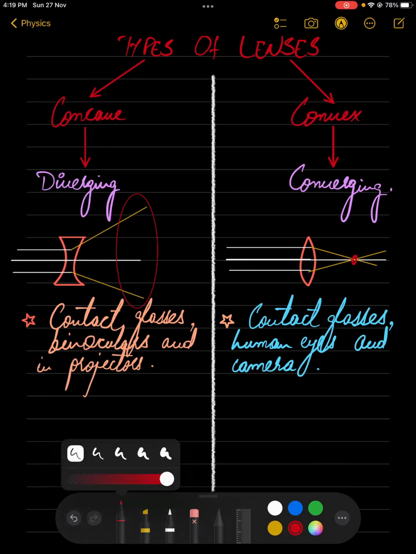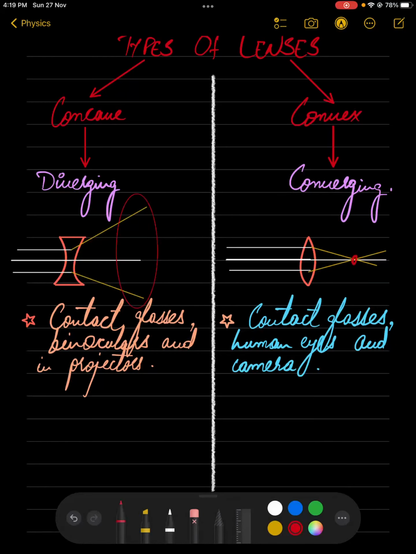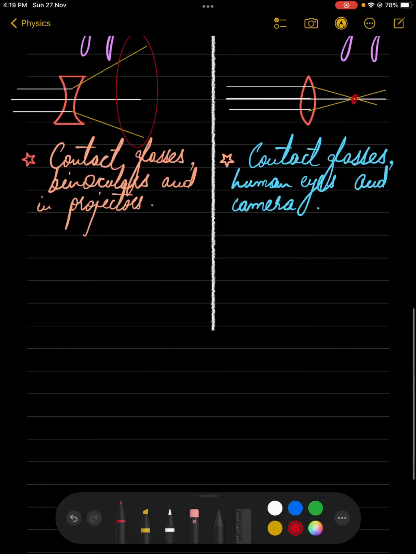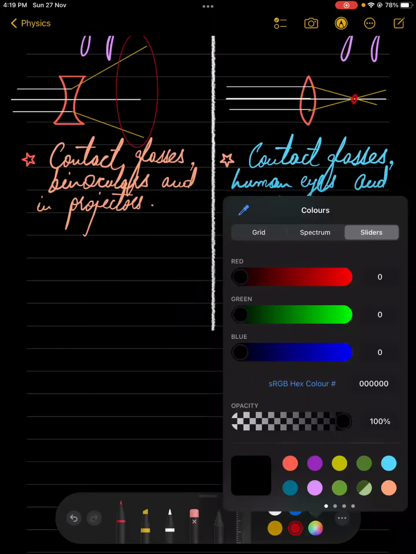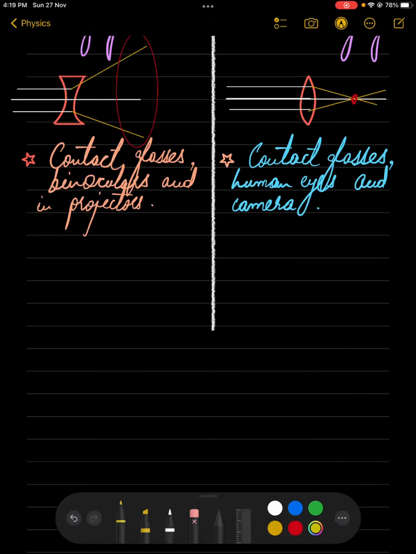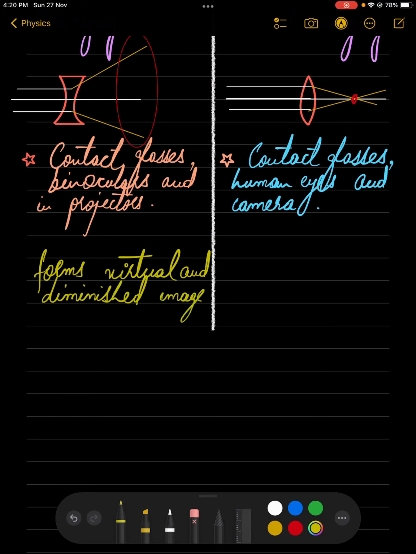Now, moving forward, we need to have an idea of their image formation properties. Like अगर ये image बनाते हैं तो usually इनकी image कैसी होती है. So the diverging lens forms virtual and diminished images, in most of the cases.